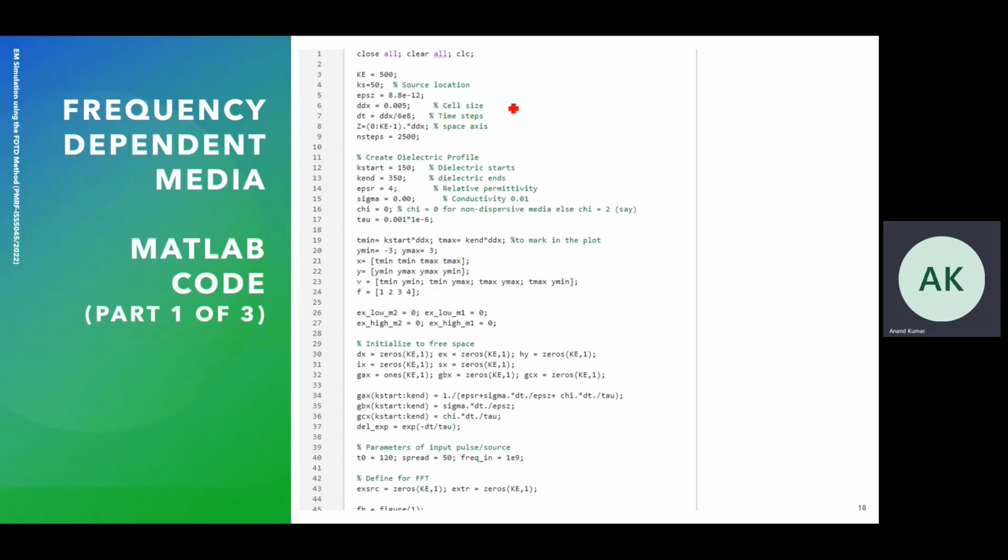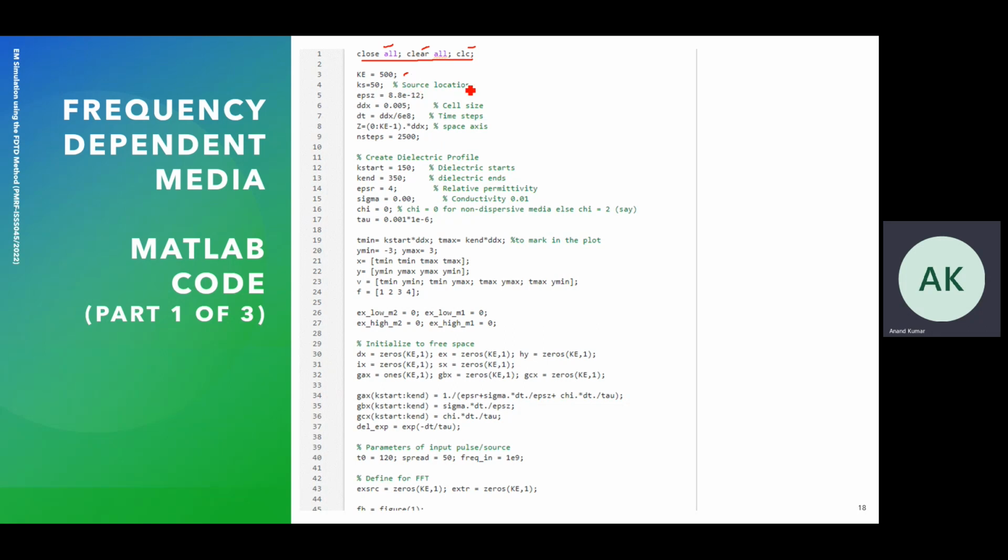Now, last class we did not look at the code, so let's take a look at the MATLAB code for the frequency dependent media. This will cover everything required for the reformulation using flux density as well. You start with the regular expressions to close the windows, clear the variables, and clear the command window.